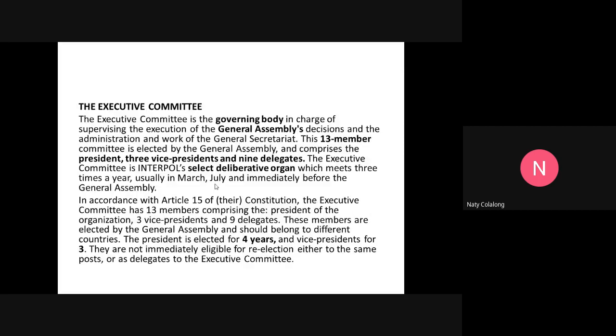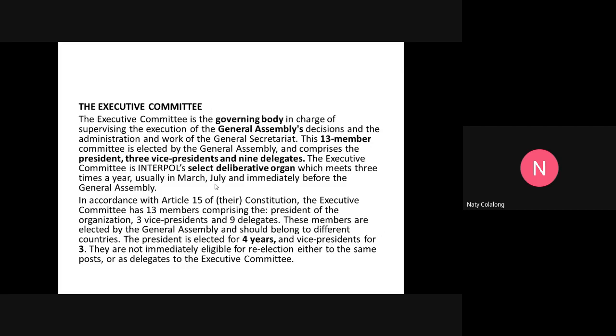Then we have the executive committee. The executive committee is the governing body in charge of supervising the execution of the General Assembly's decisions and the administration and work of the General Secretariat.